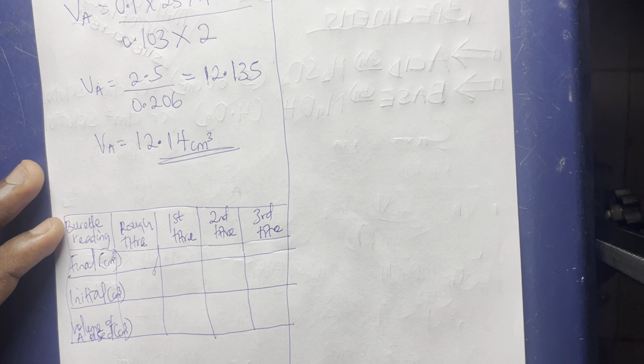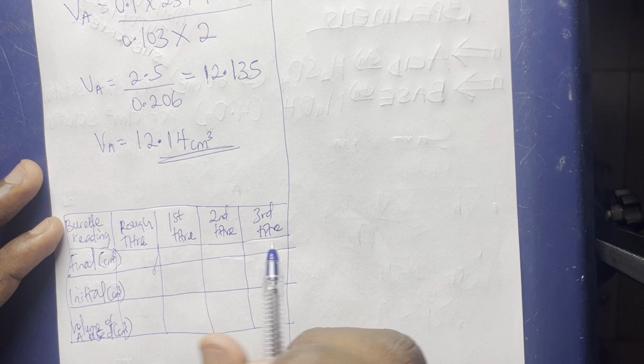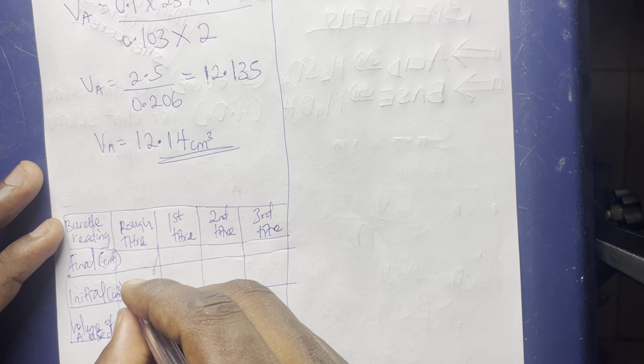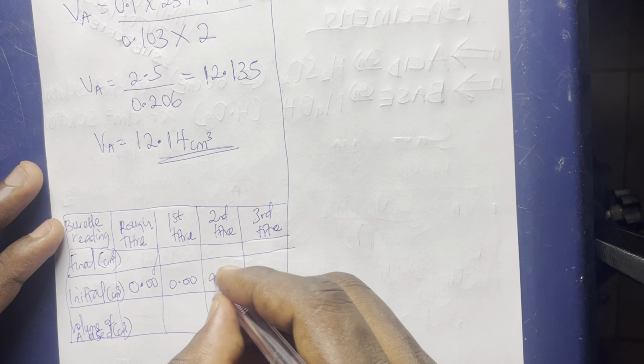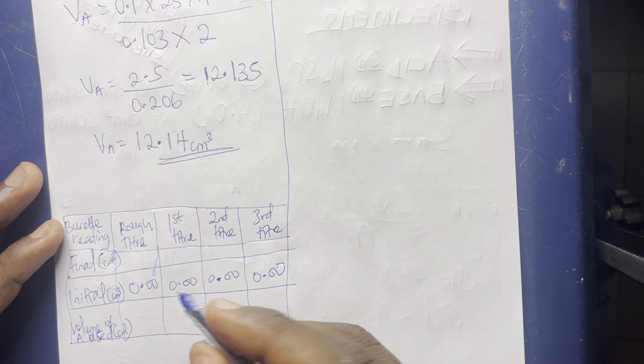So now we want to ensure that our average volume of acid used is 12.14. So let me put all my initial to be 0.00 to make things easier. You can change it as well, but let me put 0.00 all through.